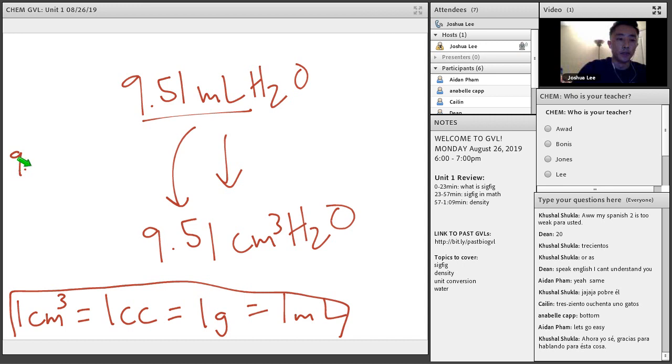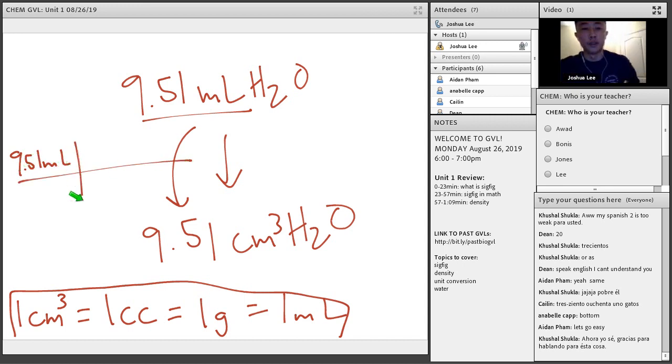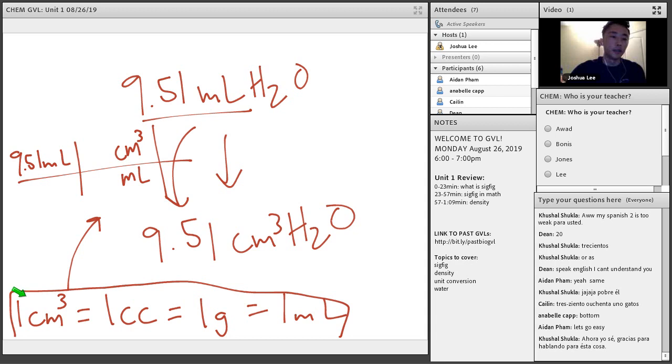9.51 milliliters. In this case, what do we want to get rid of if we want to go to centimeter cubed? We need to get rid of milliliters. So milliliters are going to go on the bottom, and centimeter cubed is going to go on top. And knowing this conversion for water, for every 1 centimeter cubed of water, there's 1 milliliter of water.